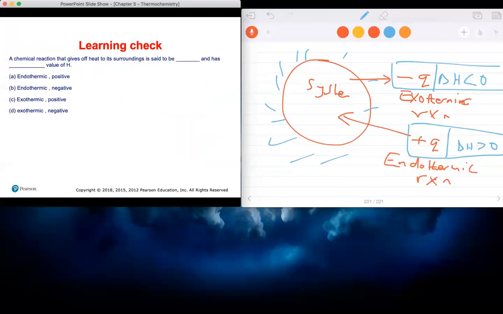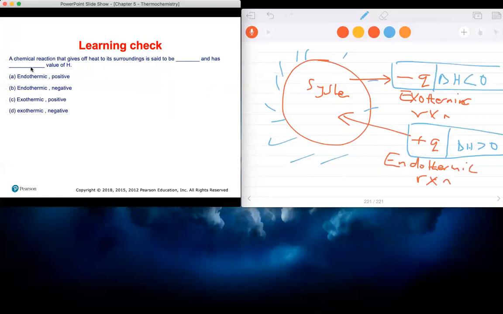Now, a chemical reaction that gives off heat to the surroundings is said to be dash and has dash value. You have to be careful with that question, because you may get the first blank right, or you may get the correct term to complete the first space, but the value for the second space might mess you up.